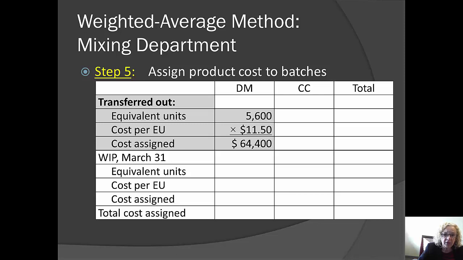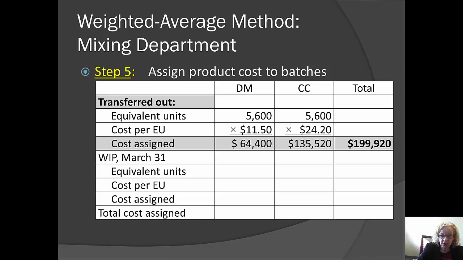We also know that those units got all of the conversion costs that they needed times the cost per equivalent unit for conversion gives us the dollar value of all of the conversion costs that are associated with those units. If you add up the materials cost and the conversion cost, that gives us the dollar value of the units that were transferred out to the next department.